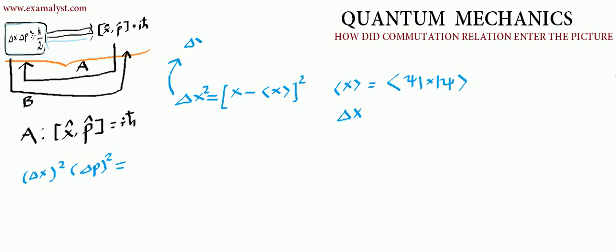So uncertainty in x was equal to root over of the expectation value of x square minus the square of the expectation value of x. Agreed? Please see that these are operators. These have to be acted on the psi. So uncertainty in x is calculated in this manner. So if you are given psi, then put a psi here, put the value of the operator. So what is the value of the operator?